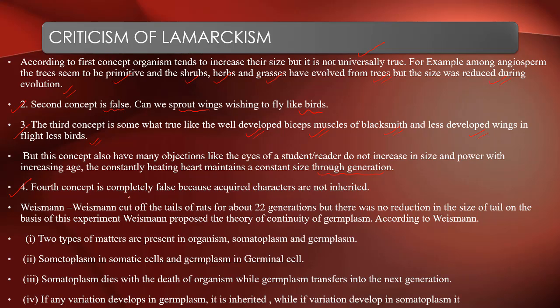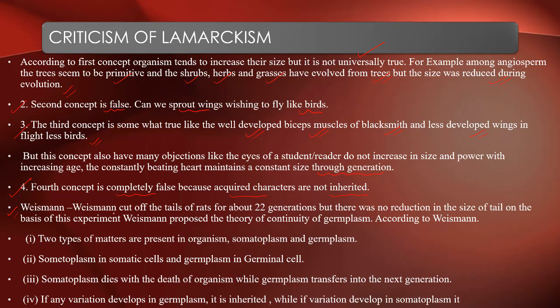The fourth concept is completely false, because acquired characters are not inherited. So I have just proved the criticism of Lamarckism, that it is not up to the mark as a theory for evolution.